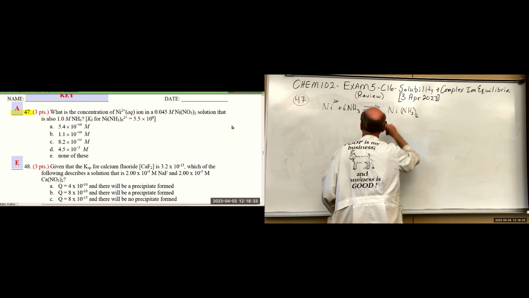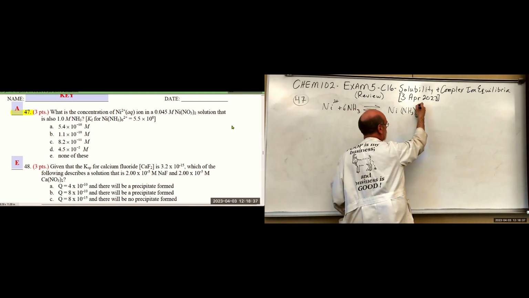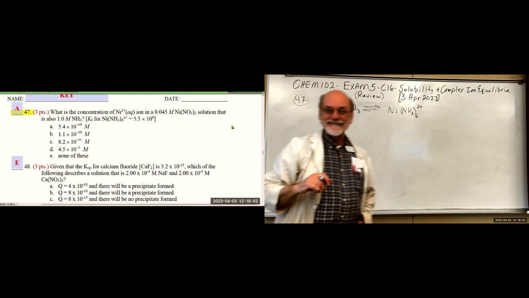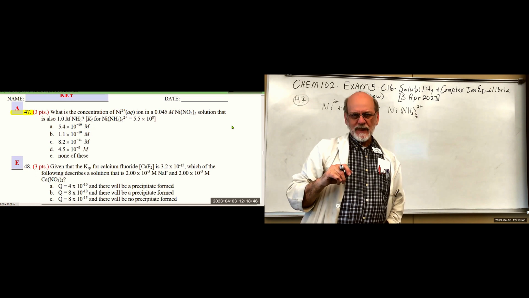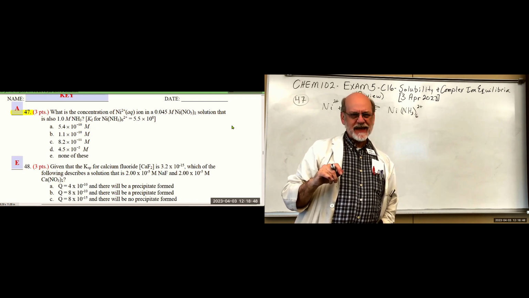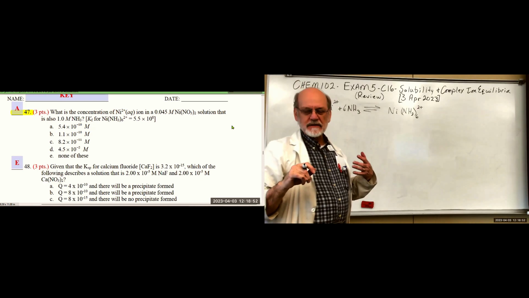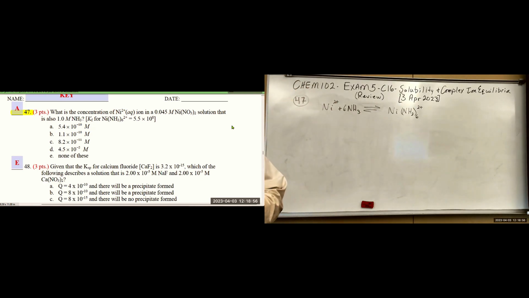Six. And what's the charge? Well, ammonia is neutral again, so the charge is the same. Okay. All right, so that's the equation. And when we first put them together, what's going to happen is the reaction is going to go to completion. At least that's the way we're going to treat it.